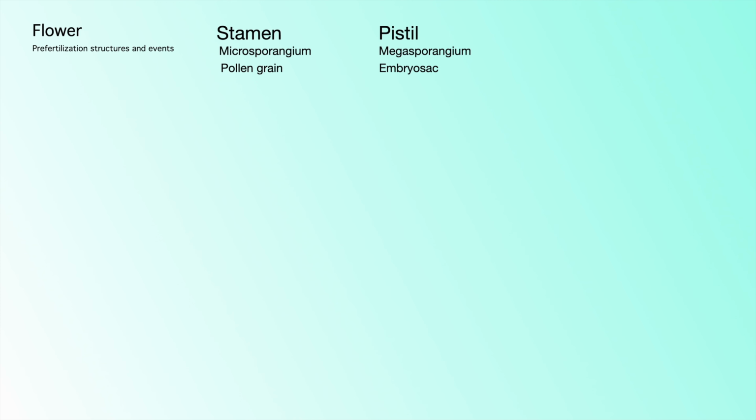Now, does a flower contain a single pistil or many pistils? Both are correct. A flower can have a single pistil or it can have many pistils. When a flower has a single pistil, it is called monocarpellary.